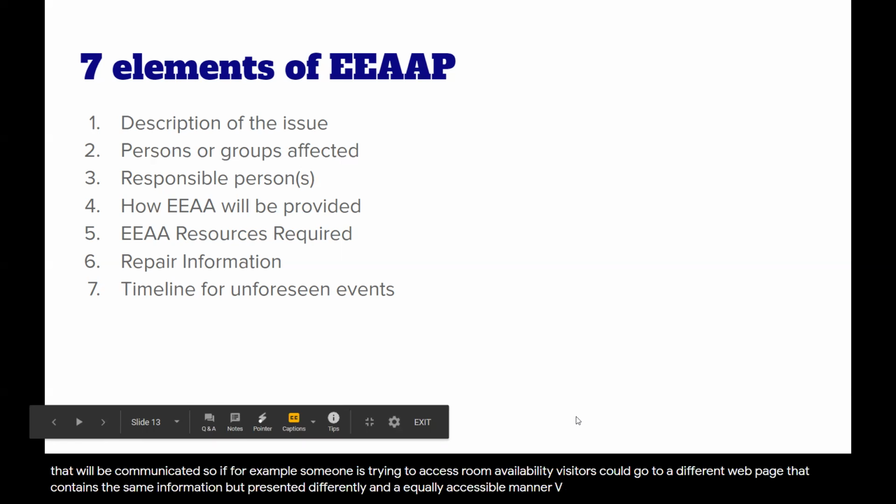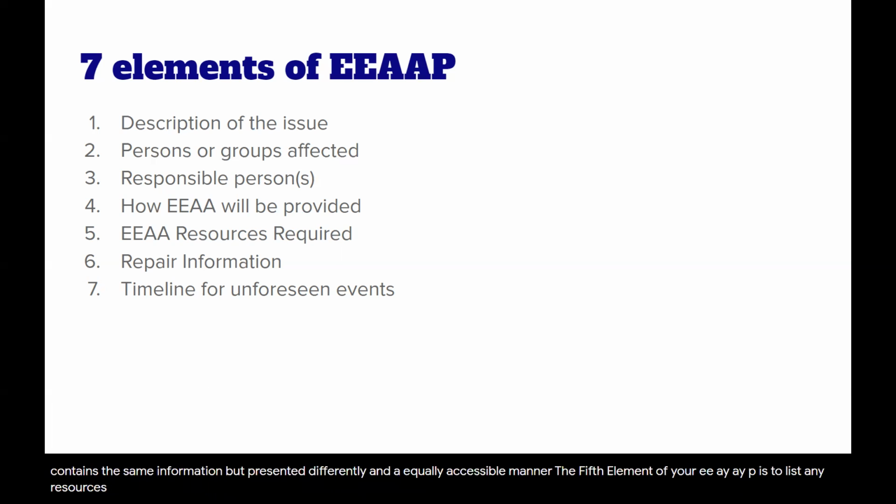The 5th element of your EEAAP is to list any resources required, including training, equipment, additional staff to provide equally effective alternate access for the known issue. Number 6 is repair information.